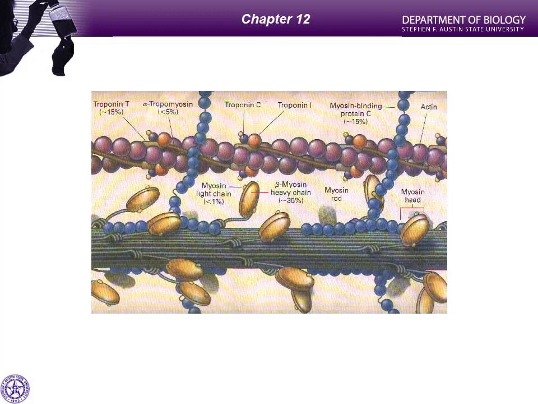So every G-actin has that S1 binding site. So here in our illustration, we see our two strands in purple of our filamentous actin. Each purple pearl represents a globular actin molecule, and it's each one of these that can bind with an S1 domain of our heavy meromyosin.